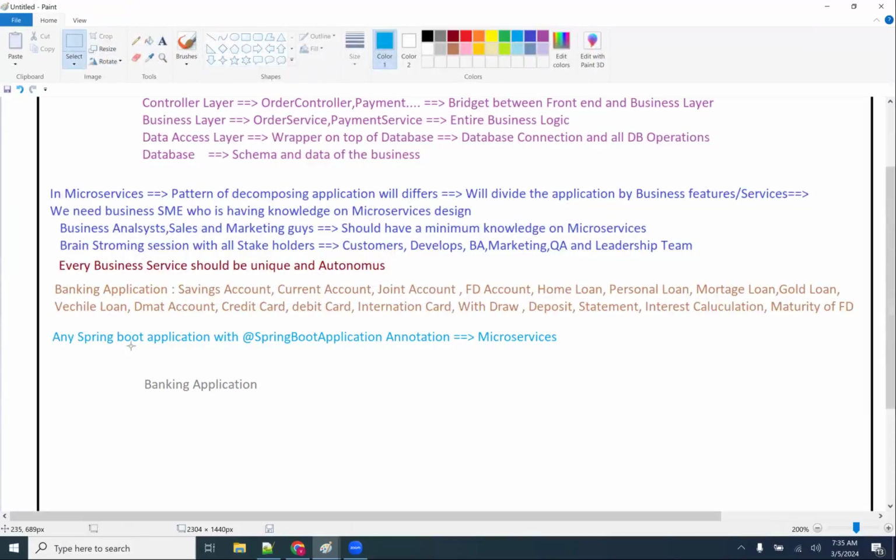What is the main guideline? Do I need savings account as one microservice, fixed deposit as one microservice? Or there are two options here, where we can think of business capability as one of the factors. So I can divide by business capability.